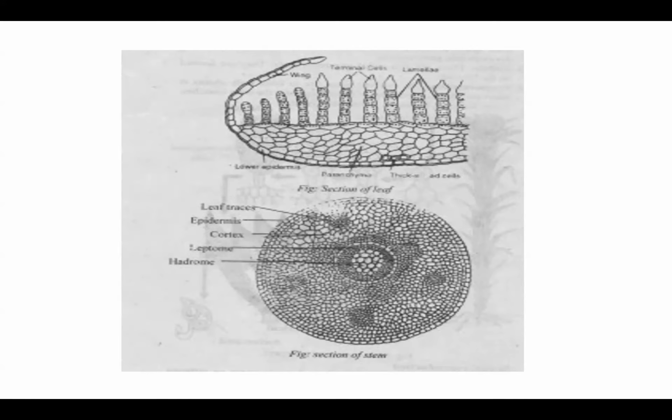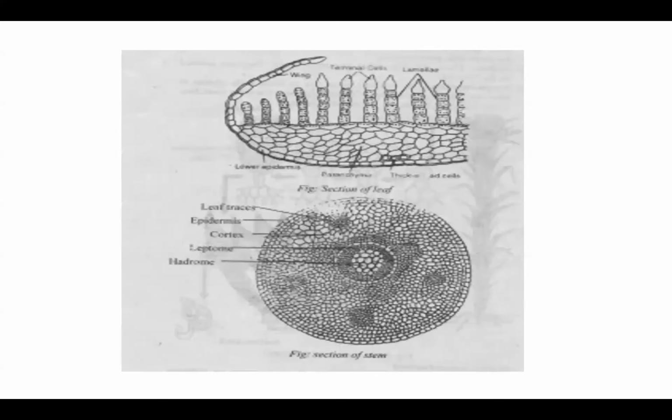So the air gaps present between the chlorenchymatous lamellae are helpful in exchange of gases. So that is about the internal structure of the leaf.